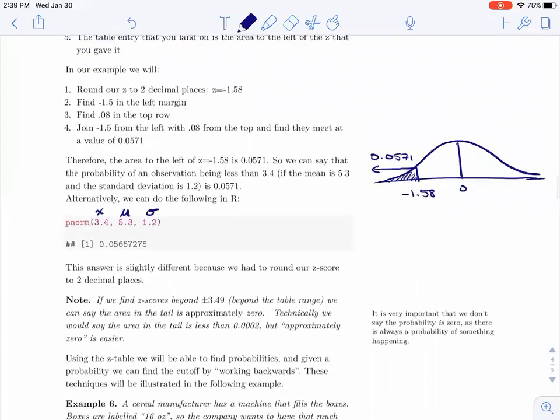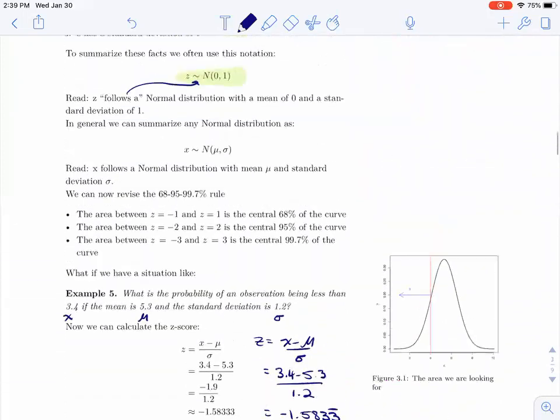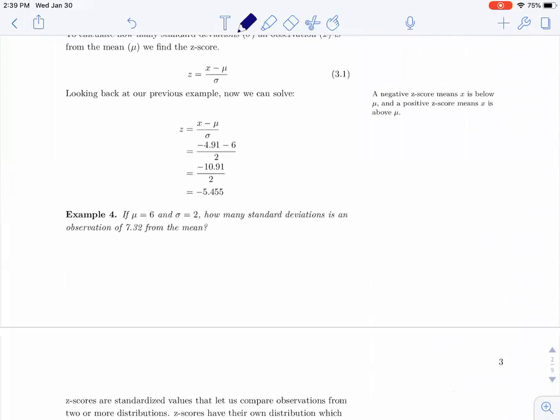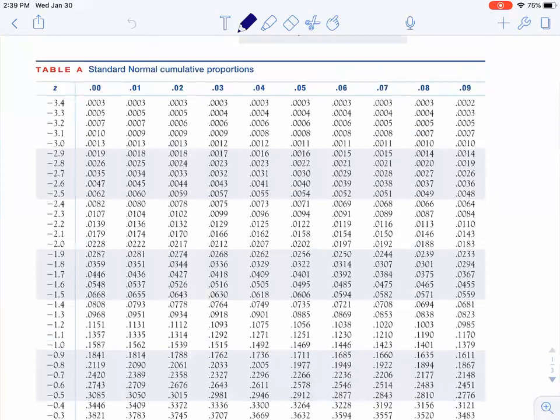In our previous question, the one we started with for the Z scores, we had a Z of negative 5.455. If we tried to use the Z table, what you would find, like I said, is that the largest negative value on here is negative 3.49. That's as big as it'll go in either direction, and it's the same on the positive side.